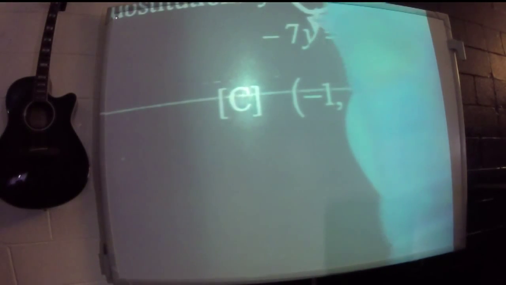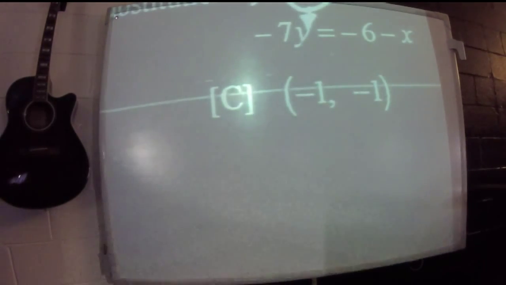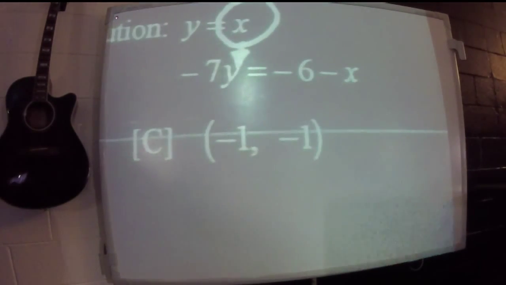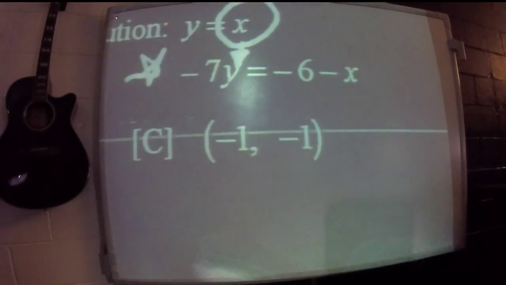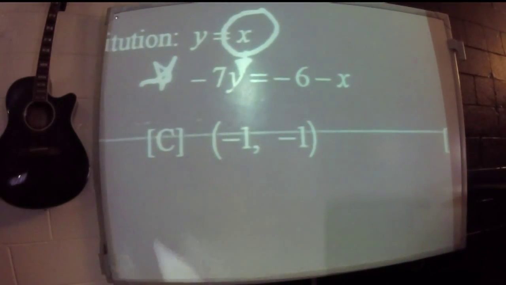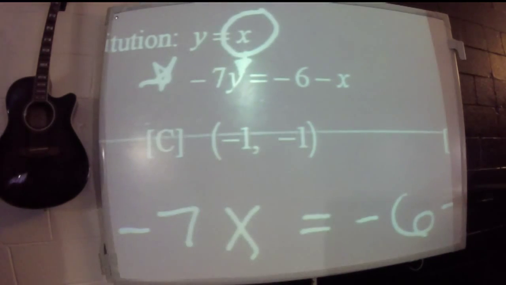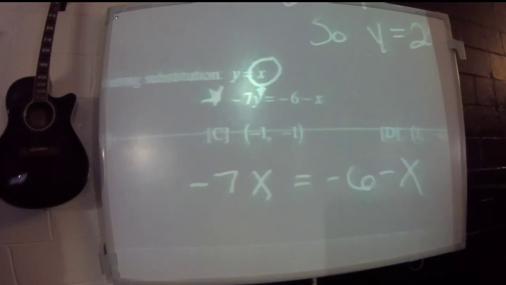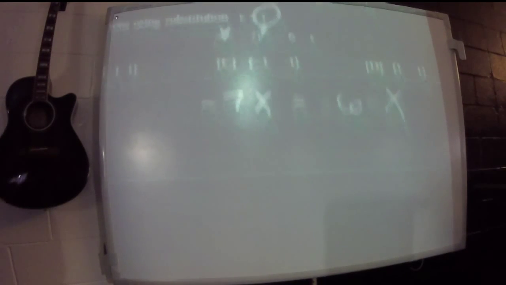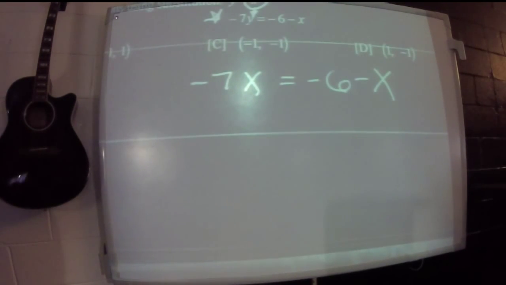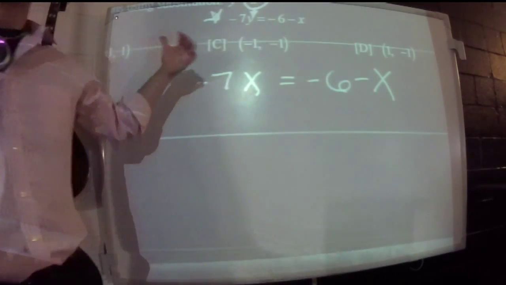So I wouldn't even change it, would it? So instead of saying negative 7y, if I rewrite this, I'm going to say negative 7x. So this equation becomes negative 7x equals negative 6 minus x. And then let's work this out. I have x's on both sides.